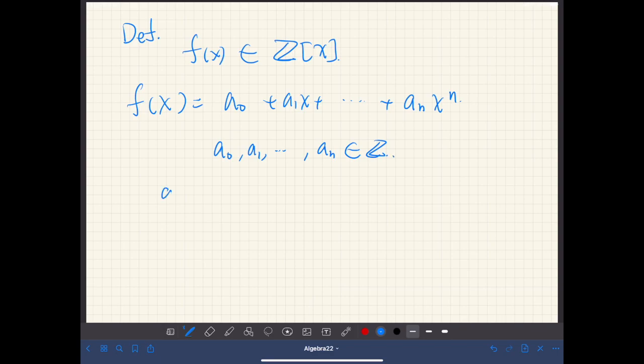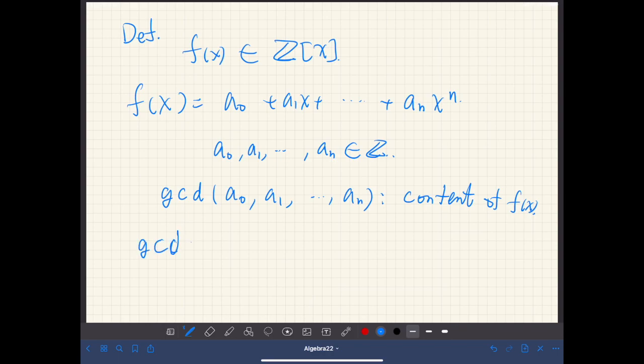Then the greatest common divisor of these coefficients is called the content of this polynomial. And if this greatest common divisor is 1, so if GCD of a0, a1, and so on is equal to 1, then we say f of x is primitive.